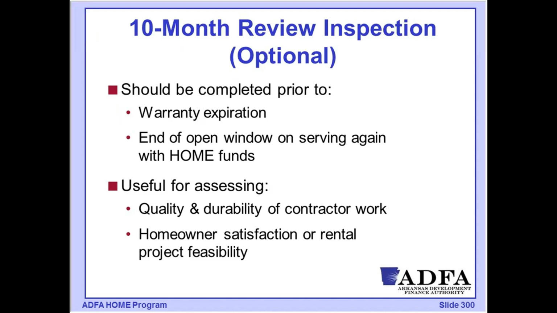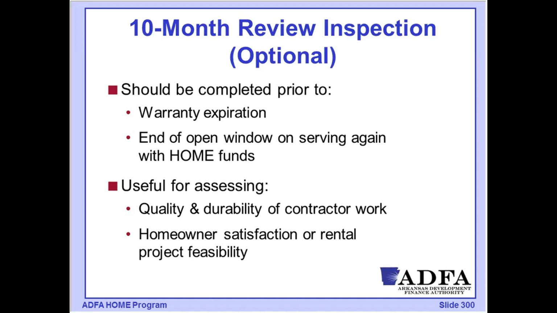One thing that is recommended, it's optional, not a requirement, is that there be a 10-month review inspection. We're going to be talking about the fact that there is a 12-month warranty on projects. So the suggestion is that you, as the recipient overseeing projects or programs, make a practice of making an inspection at about the 10-month time period to determine, are there any issues that had not been captured in that original scope of work?